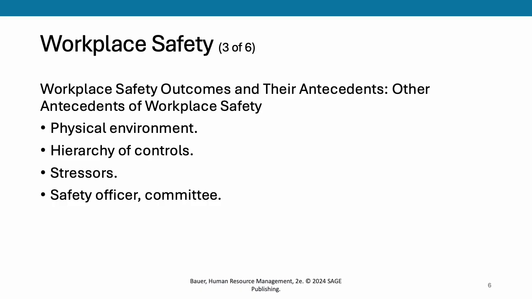We want to have people who are tasked with ensuring our workers stay safe. Now, not all organizations have a safety officer, and those that do are more likely to have a safe environment. So we do want to make sure that we've got a situation where there are safety officers in place that are monitoring potential hazards and then investigating accidents after the fact.